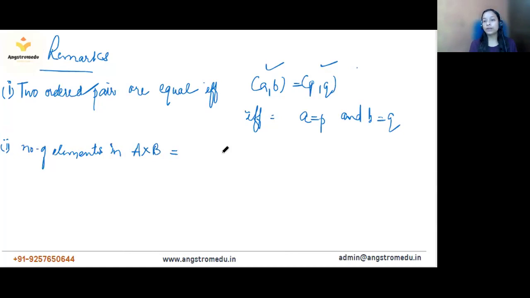In total, it becomes red bag, red coat, red shirt, then blue bag, blue coat, and blue shirt. So we had in total six ordered pairs, right? So the total number of ordered pairs we are going to have will be equal to n(A) into n(B).